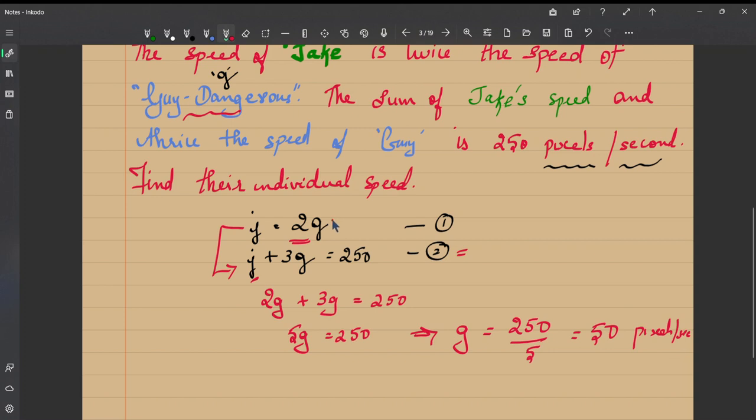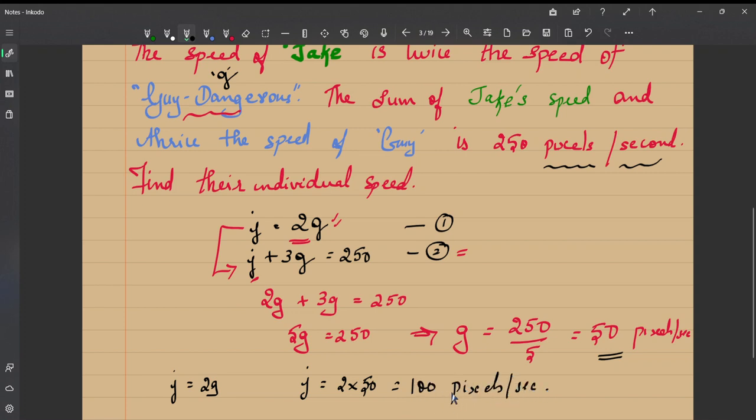Now we know from our first equation that 2 times G is J. So finding J is not at all difficult. Since J is equal to 2G, we can straight away say J is equal to 2 into 50, because we know that G is 50, so J is 100 pixels per second.